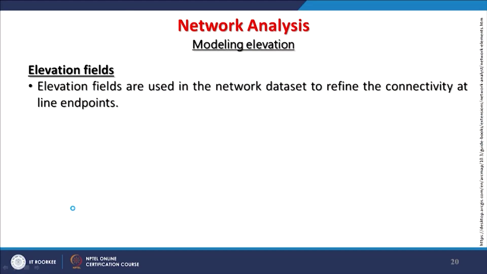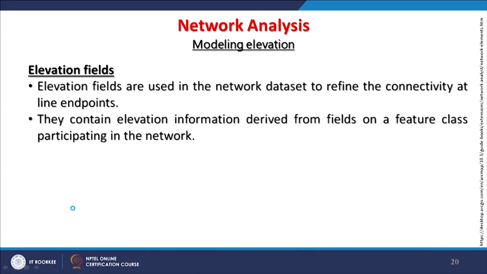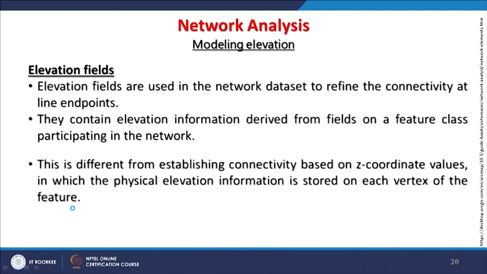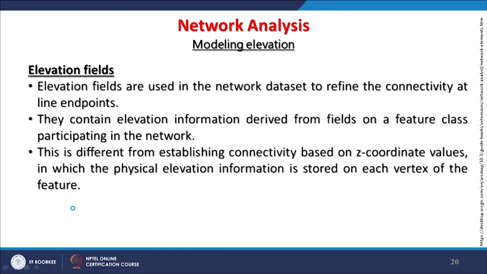Elevation fields, which can be created in a database, are used in the network dataset to redefine connectivity at line endpoints, and they contain elevation information derived from a field on a feature class participating in the network. So, the height above mean sea level or depth, whatever information has to be collected, and then it has to be stored in our attribute table.